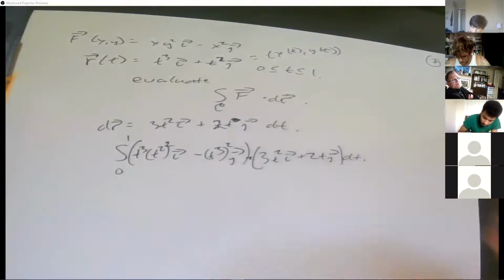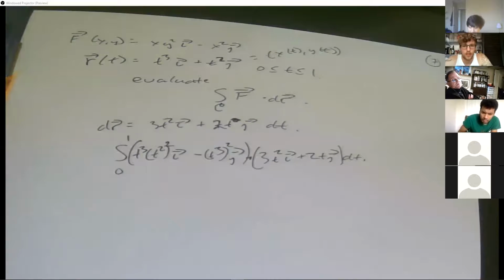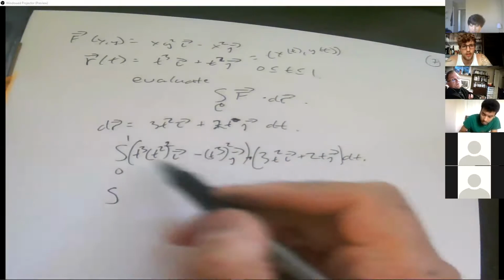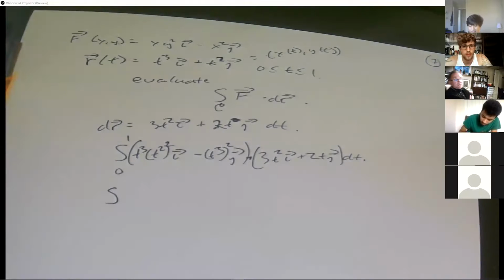Dot product. And now these are two vectors, and we've got to dot them together, right? What's this dot product? Wait, I have a question.